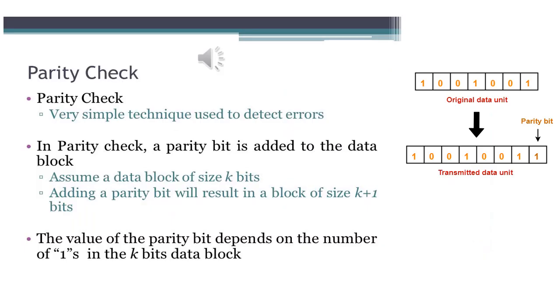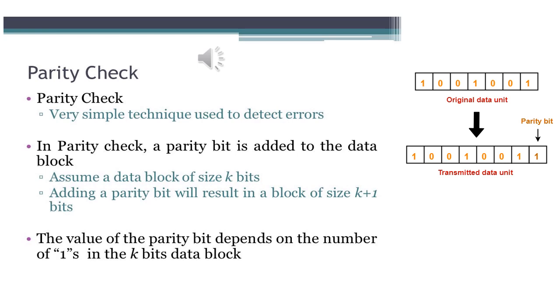The simplest technique for detecting single bit errors is adding an extra bit, called the parity bit, to each word that is being transmitted. In the figure, we have an original data unit, 1001001, and during the transmission we append an extra bit, called the parity bit.